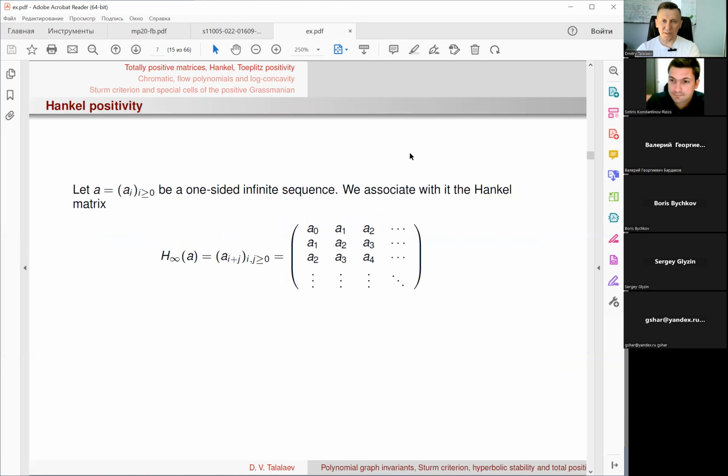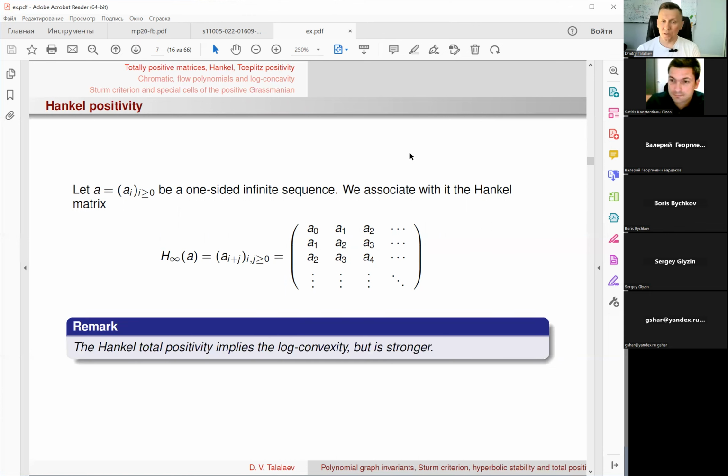Another type of matrices associated with number sequences is the so-called Hankel matrix, which is a symmetric matrix constructed by this formula. And there is a family of sequences such that those Hankel matrices are totally positive. This property is also stronger than log convexity, but it implies it.